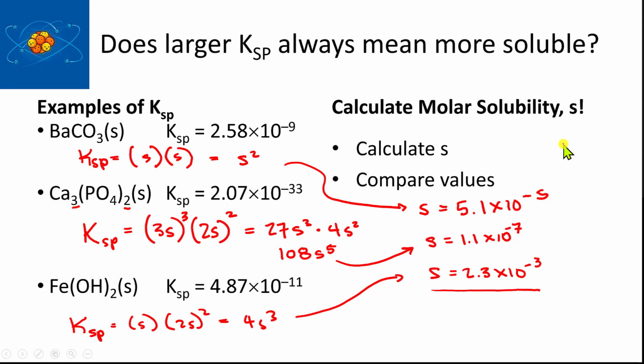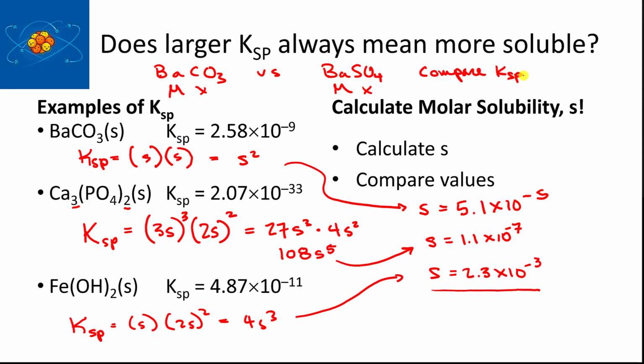On the other hand, if I'm straight up comparing barium carbonate versus, let's say, barium sulfate, because these are MX forms like this, all I need to do is look at the solubility product. So to compare like structured ionic compounds, compare KSP. But if they're dissimilar in terms of their structure, then you actually have to go through and calculate molar solubility for each one.